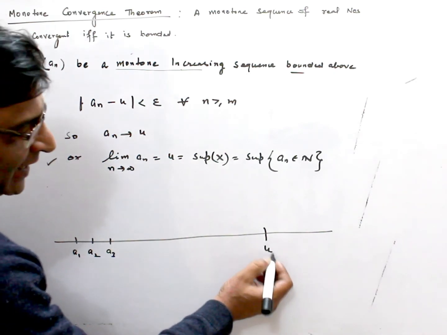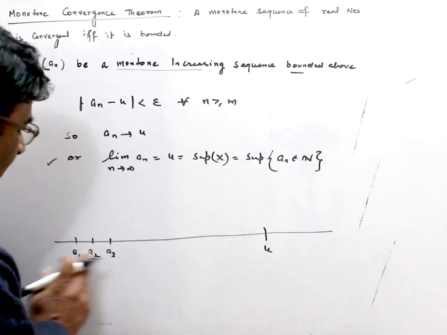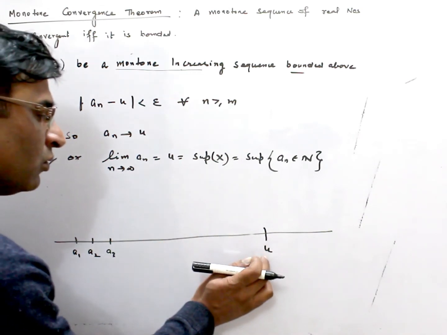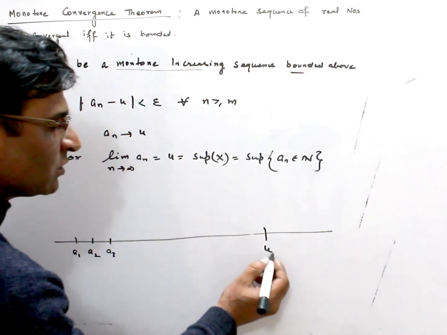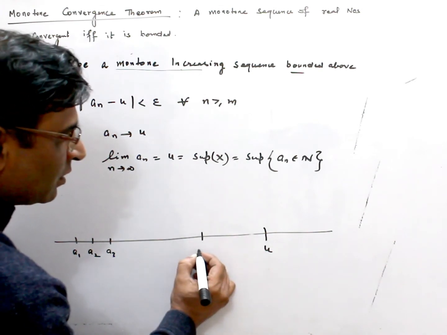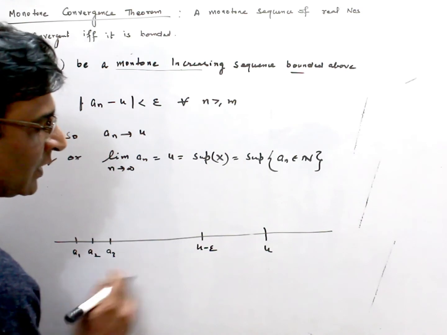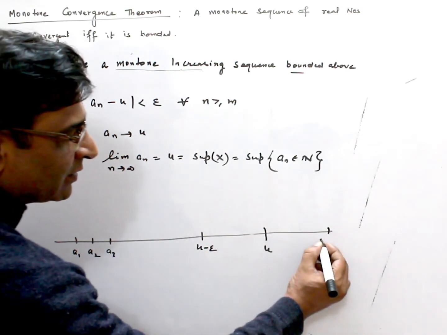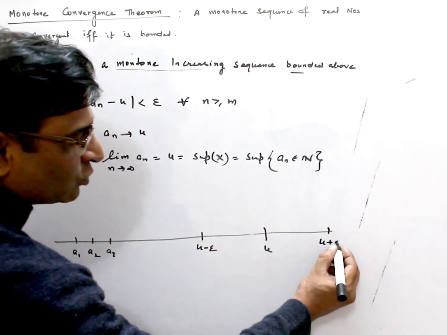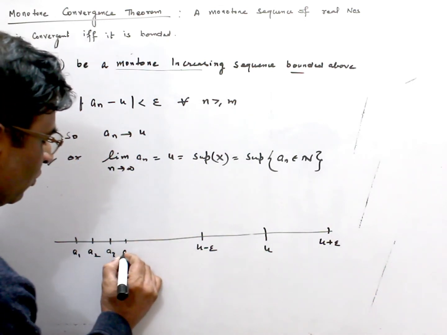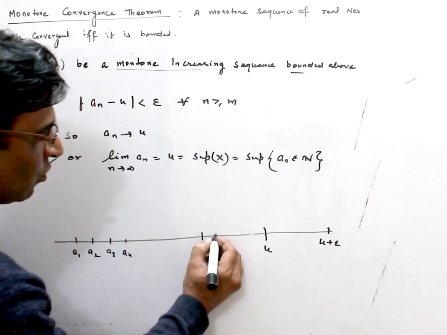So if I subtract some number, these terms cannot exceed U. If I subtract a very small number, epsilon, then it will come here, and if I add some positive number to U, then it will move. Now the sequence keeps going on, a4 and so on.